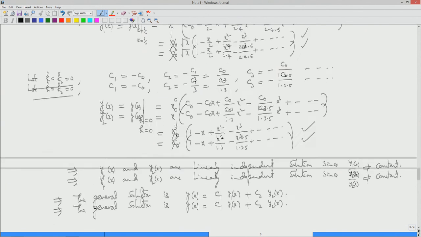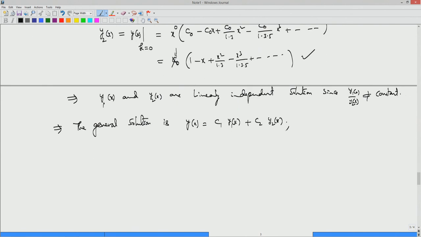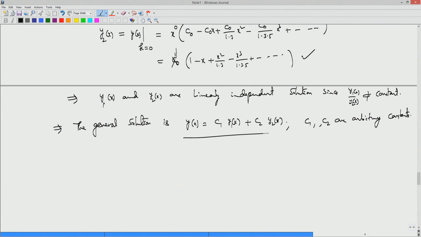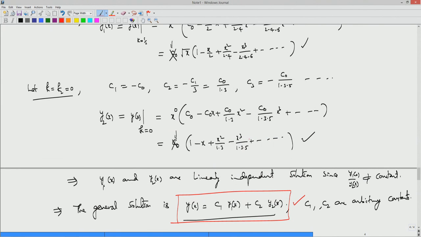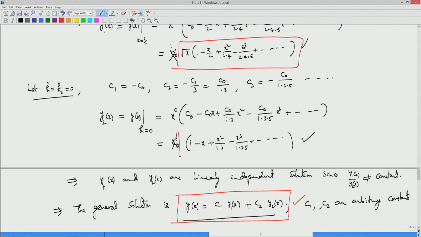C1 and C2 are arbitrary constants. So, this is your final general solution you got, with y1 is this and y2 is this one.